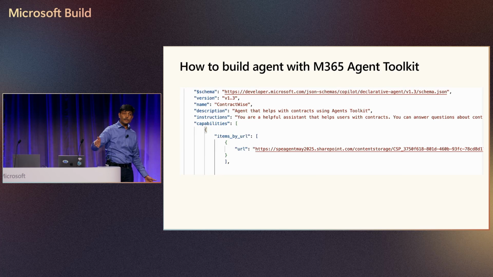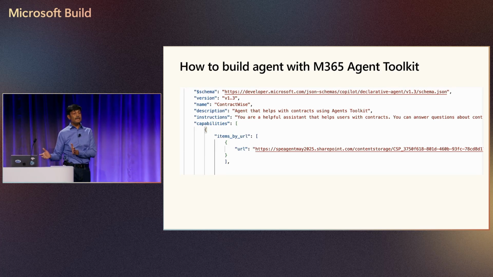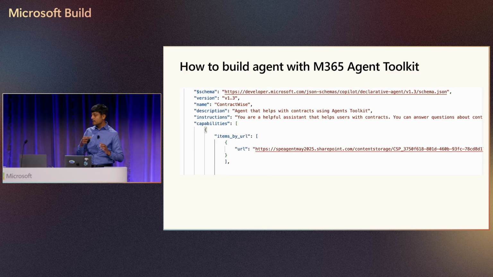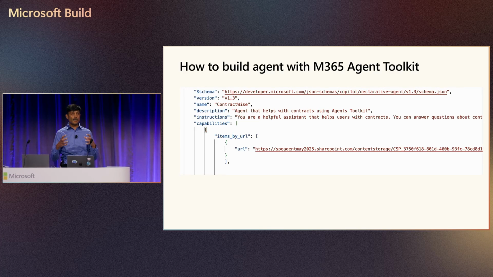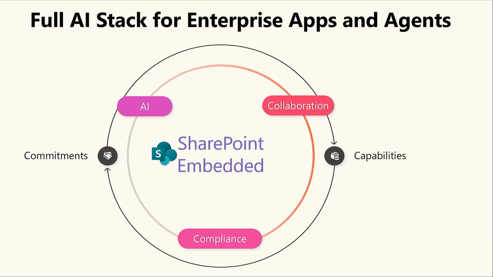And using the agents toolkit that was recently announced, you can build this agent with, again, just a few lines of code. All you need to do is reference the content that you need to ground your agent with, and you're good to go. As you can see, SharePoint Embedded brings AI, collaboration, and compliance together under one technology.